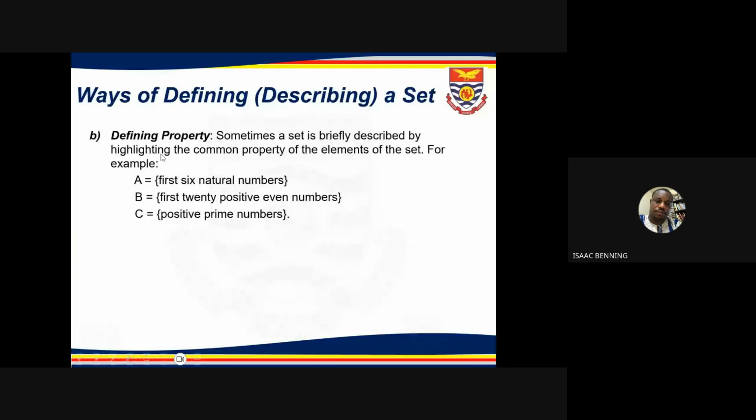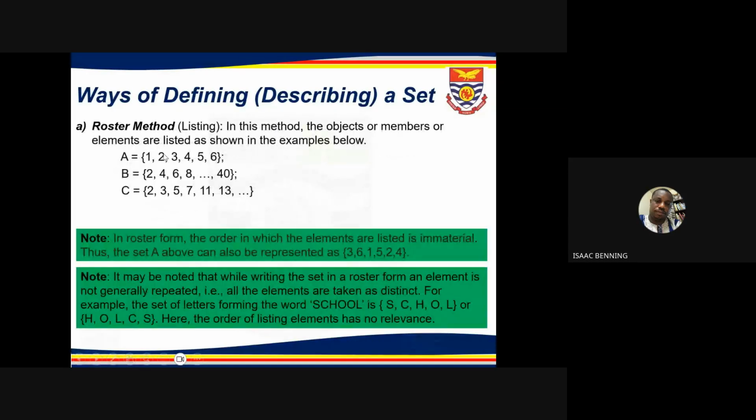Let's go back. So the second note, you were saying that for school, when the letters repeat, you write one, right? Yes.